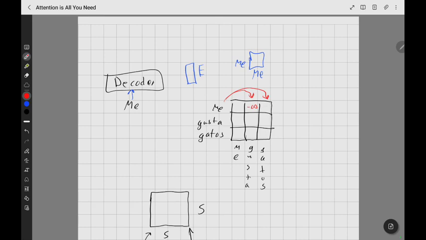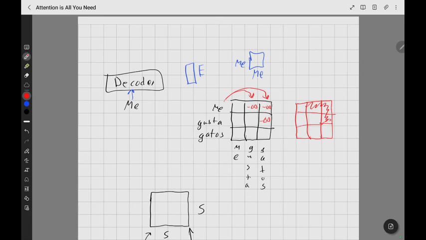What you can do is make these negative infinity, so you add a triangular matrix to this, which is just negative infinities in the top triangle. Then they'll become zeros.